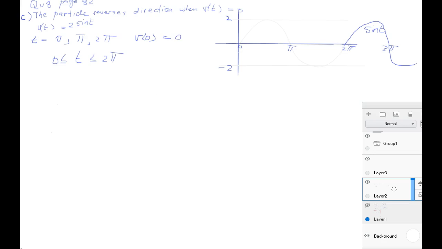And then you'll need a sign diagram. So if you look at the velocity graph, and remember the velocity graph was 2 sine t, so I should name that 2 sine t, then it has a positive slope at 0. Just before pi, it's a negative slope.